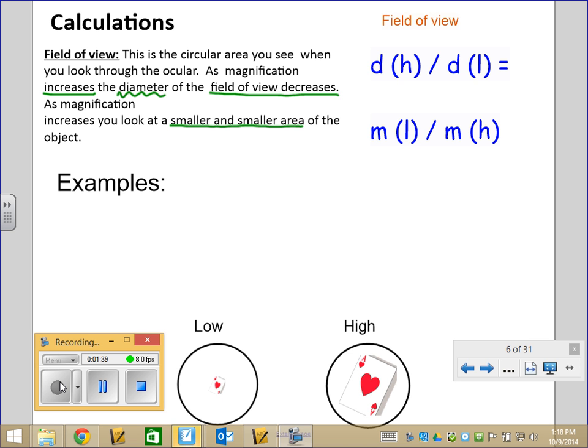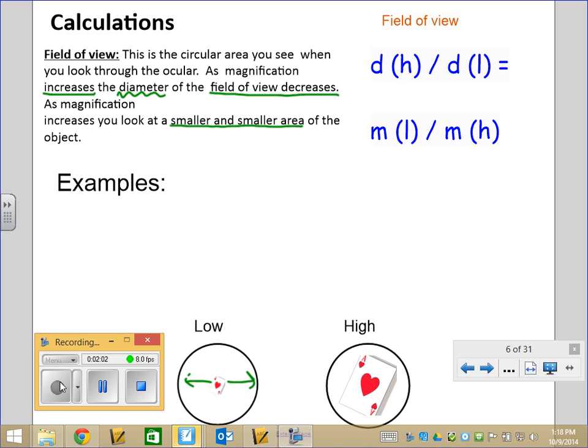So a good visual representation of that is actually at the bottom of the screen. I'm showing you on low power and high power what it might look like if we were looking at a picture of a playing card. On low power, see all this space on either side of the card? So I can see the whole card plus a bunch of space.